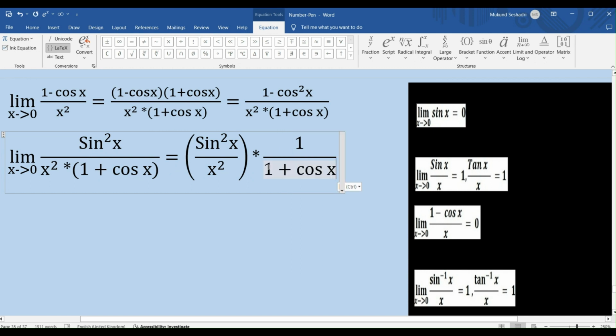The limit of sine square x by x square is nothing but 1. And when I do a substitution of x equals 0 on 1 divided by 1 plus cos x, we have 1 divided by 1 plus 1, right? Because cos of 0 is nothing but 1. And therefore, we write this as 1 into 1 by 2, which means your answer is half.